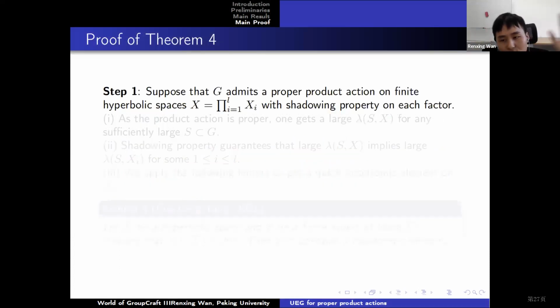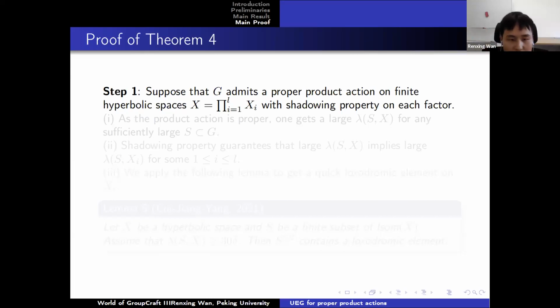And then I'm going to go through our proof in a little more detail, not very detailed, but a little detailed. First, we come to step one. We want to generate a quick logarithmic element on some factor for any sufficiently large set.